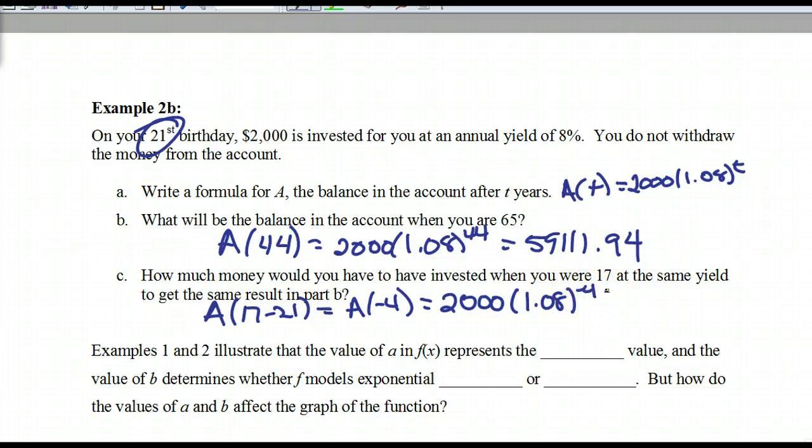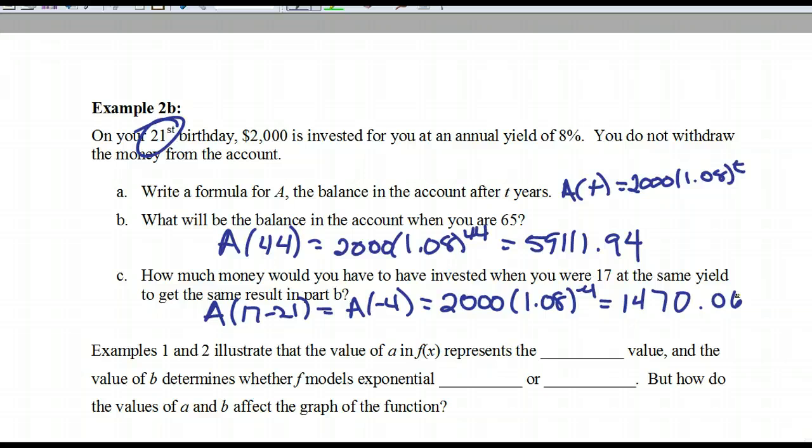You didn't say anything, so I got... oh, sorry. If you were to put that in your calculator, 2,000... Do you always have to put the new number right next to the old number? Yes. Okay, so I got 1,470.06. Okay?